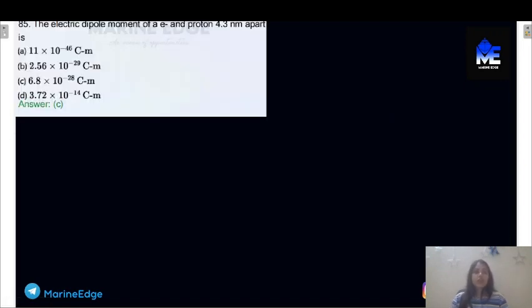Next, the electric dipole of an electron and a proton. Now, what is the charge of an electron? 1.6 into 10 to the power minus 19 coulomb, correct? Now it is saying that one is an electron, one is a proton. So the proton will have the same positive charge as the electron has negative charge. Now what is the formula for dipole?